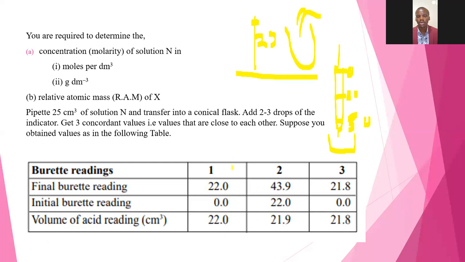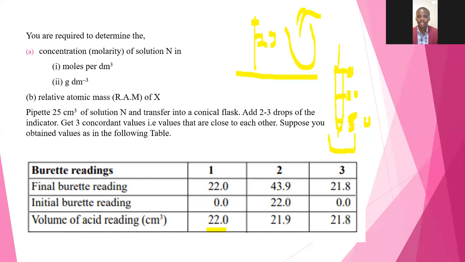So 22.0 minus 0.0, you get 22.0. Then for the next initial value, you can either decide to fill the burette again, or you begin from where you had reached. When you are beginning there, ensure that the content remaining will be able to give you the next value before it runs out from the burette. But assume that you got 27, then you have to fill it, because even 27 is more than 15.